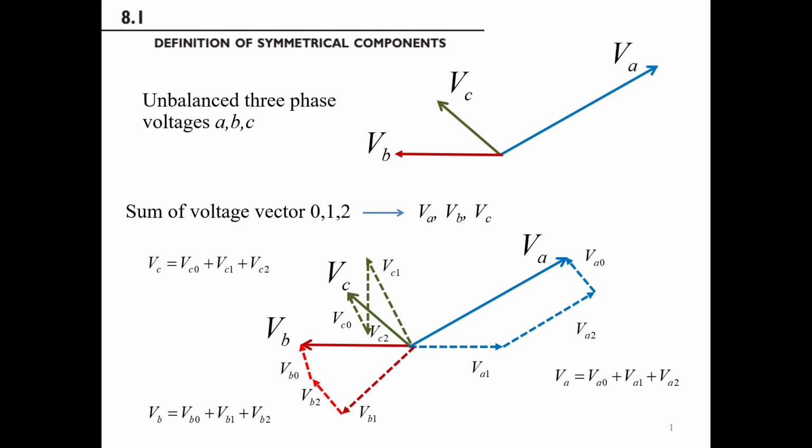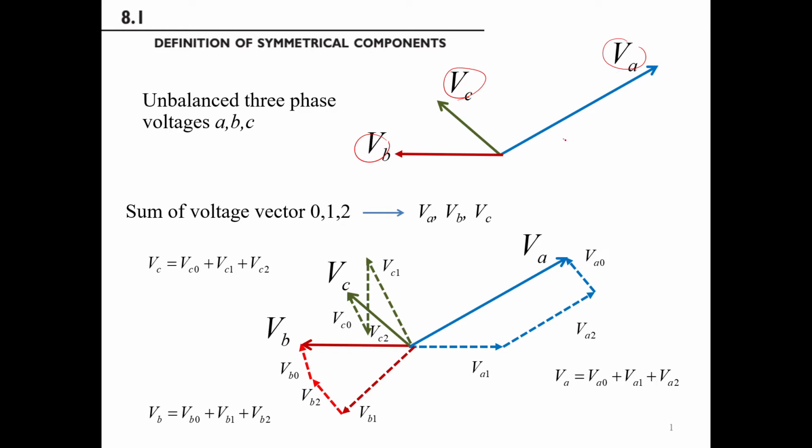Now you can see from this picture, we are discussing the unbalanced three phase. You can see that in this phasor diagram, the VA, VB, and VC are of course unbalanced. Why can I say this is unbalanced? Because of two properties. The length of these three voltages are not equal.